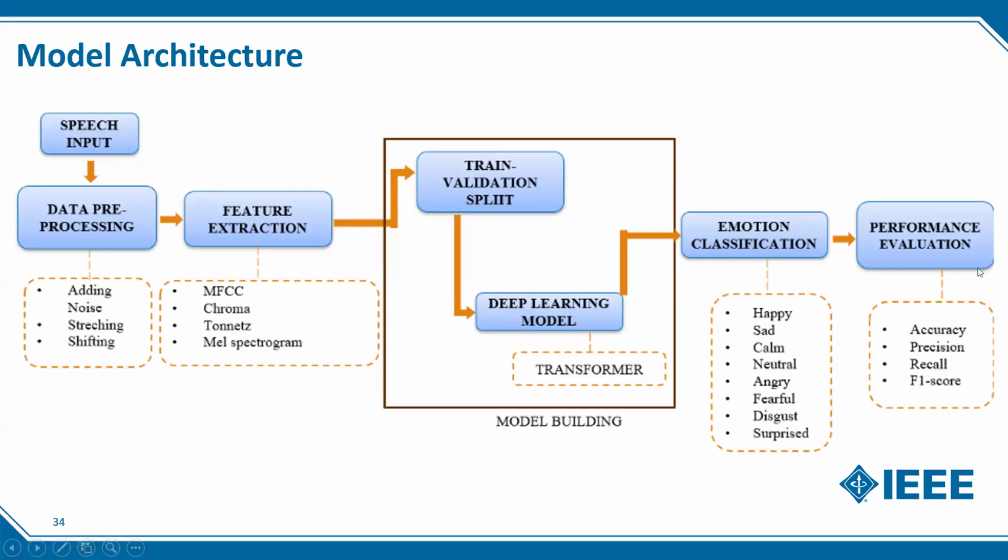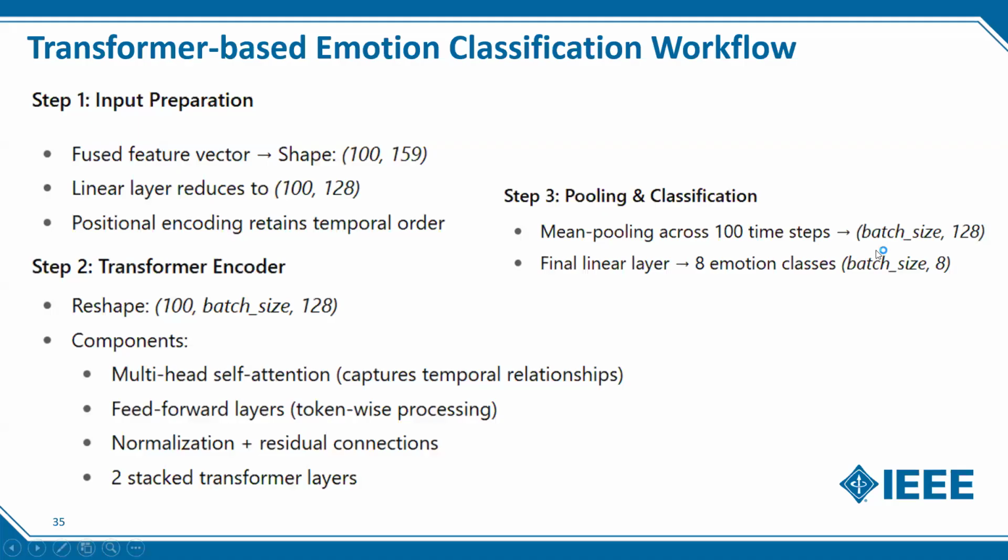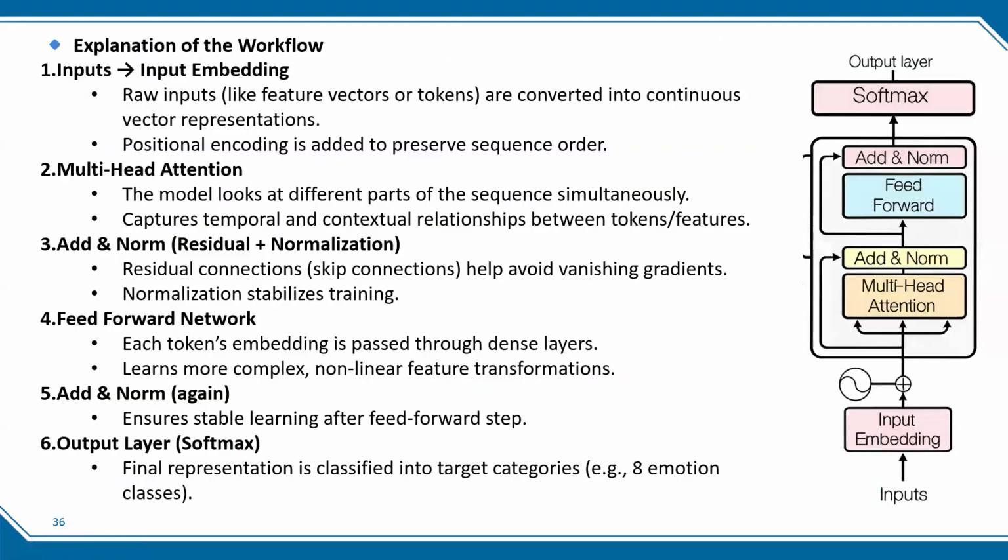Performance was evaluated based on the standard evaluation metrics such as accuracy, precision, recall, and F1 score. So this is the workflow of the model. I can show you this diagram, which I think is easier to understand.